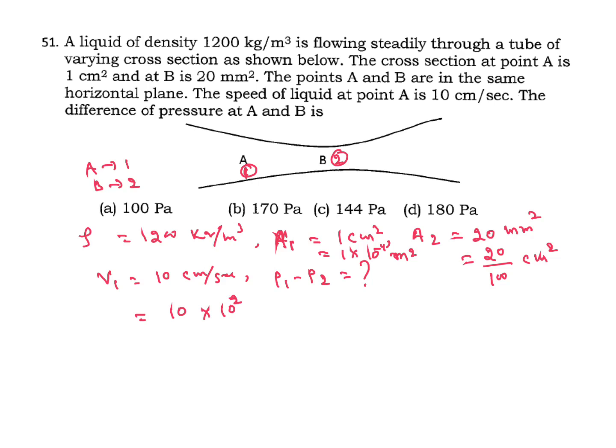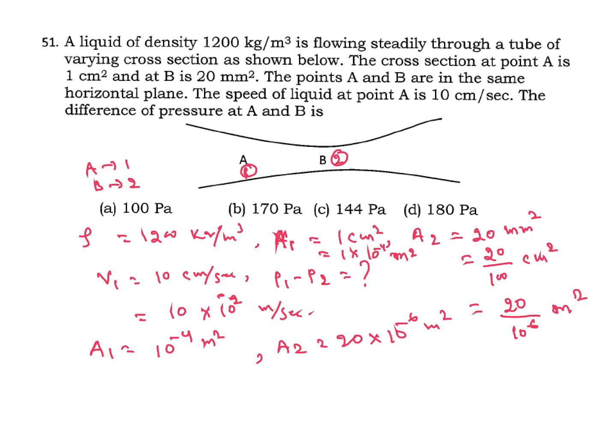Here 20 into 10 to the power minus 6 meter square. So A1 equal to 10 to power minus 4 meter square, A2 is 20 into 10 to power minus 6 meter square, V1 is 10 into 10 to power minus 2 meter per second.